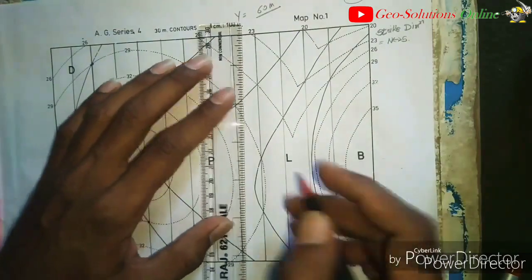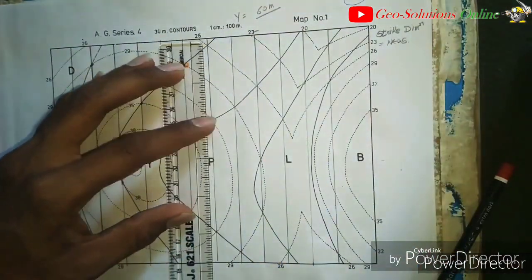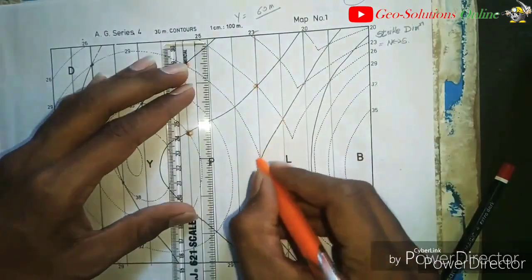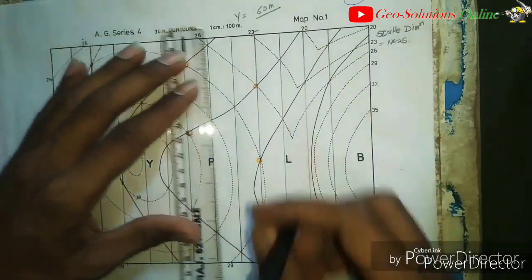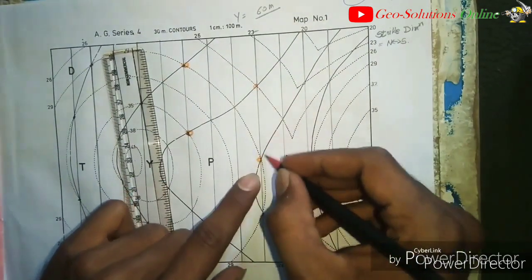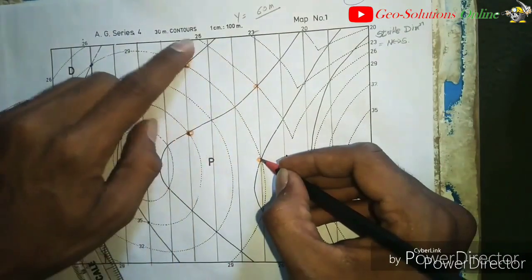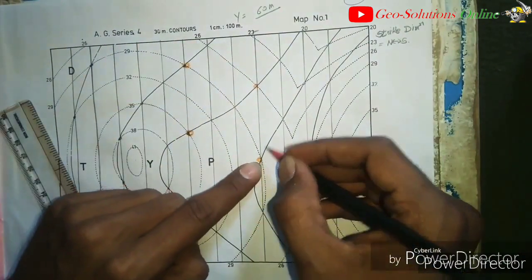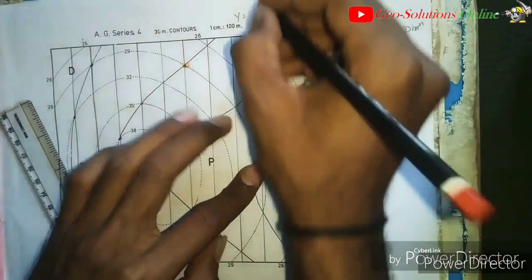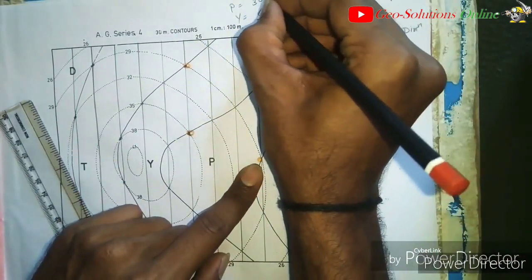Then we will calculate the thickness of bed P. I will consider this strike line and this triple junction. Then how many contour lines are going from this strike line? This contour is of 290 and this contour is of 260. So 290 minus 260, that means bed P has a thickness of 30 meter.